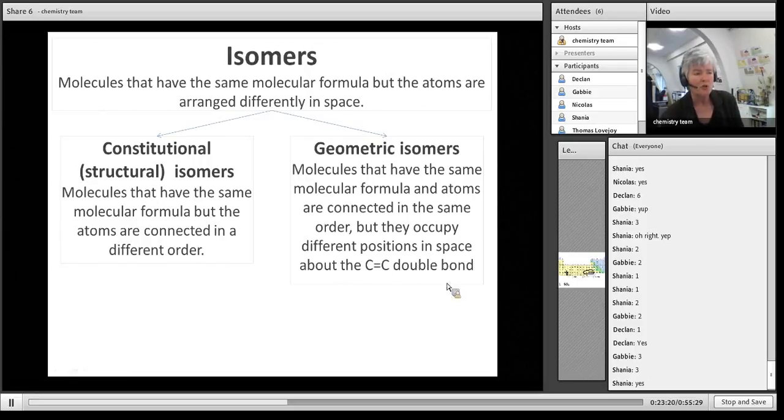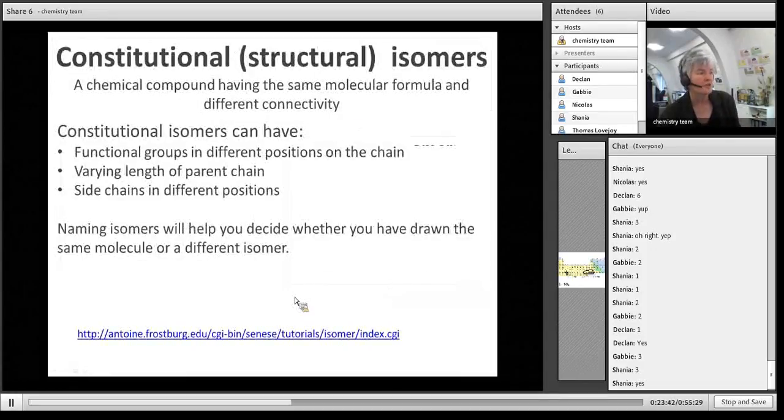Now the one you have to learn about is the geometric isomers, where you have a double bond between 2 carbon atoms. So all the atoms are connected in the same way, but exactly how they get connected to the carbon of the double bond differs, and that'll give you the different isomers. We'll look at that. So let's first look at this.